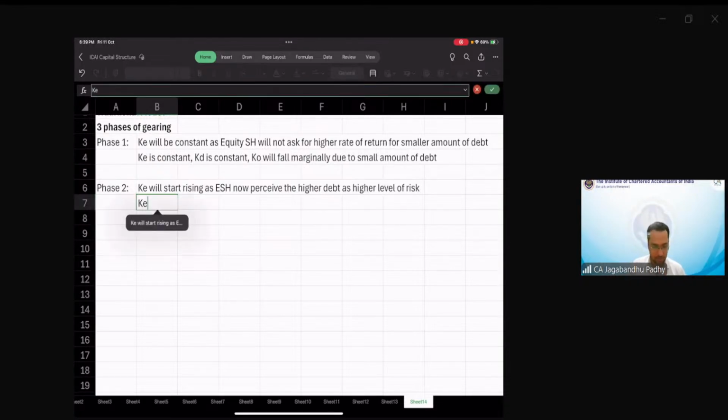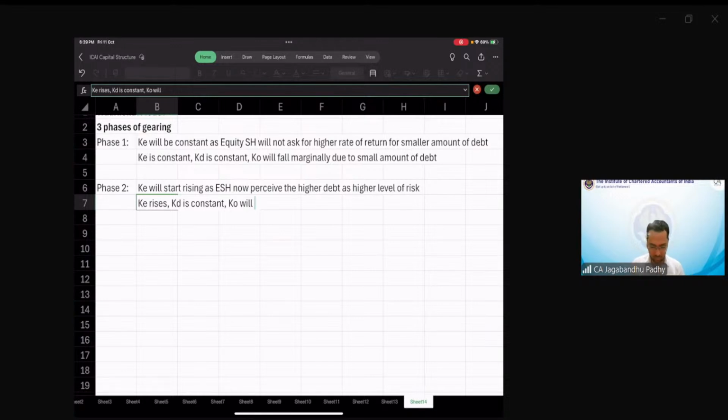So what is going to happen? KE rises, KD is constant. What about KO? If your KE is rising, your KD is constant, what will happen to KO?